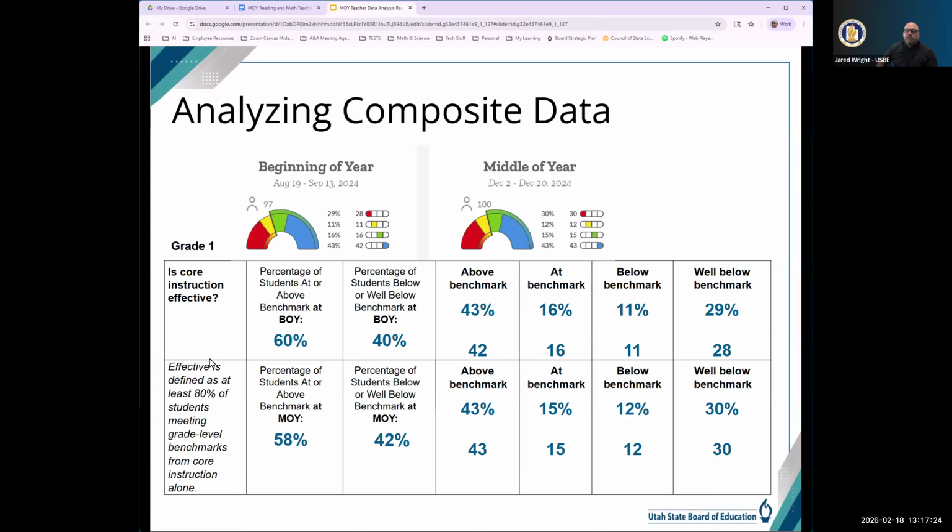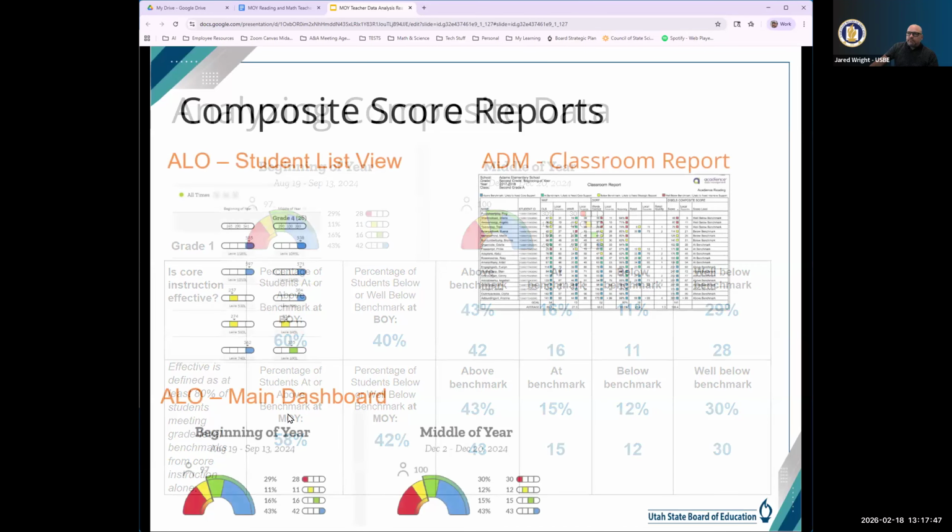So is our whole class instruction without applying any small group supports, is that being effective or not? And the way we're defining effective is at least 80% of students are at or above with those benchmarks.